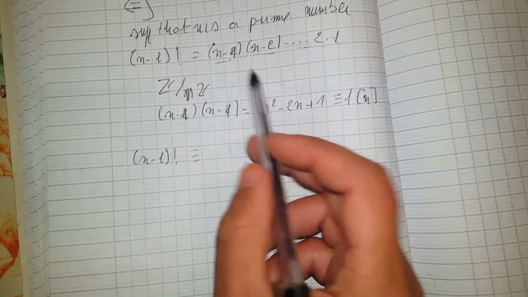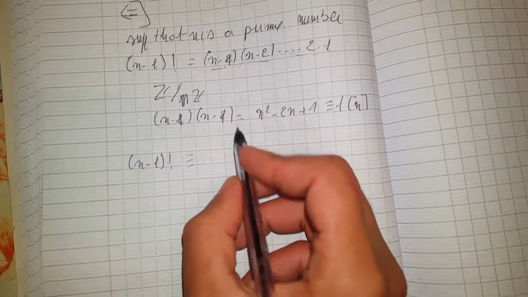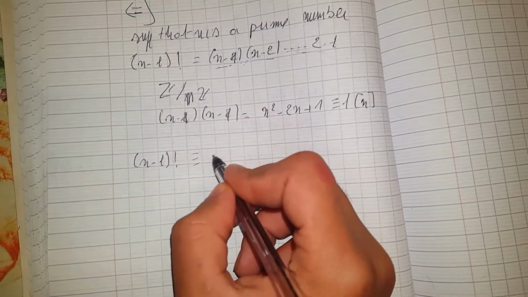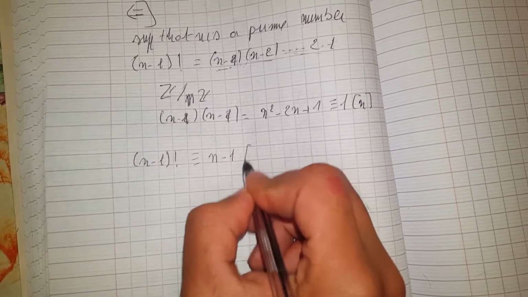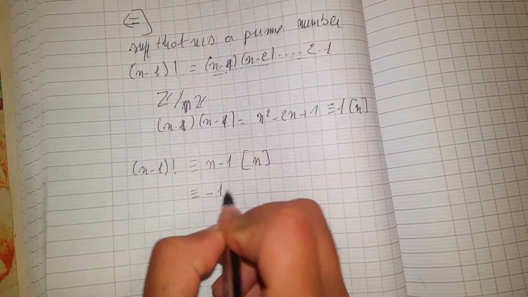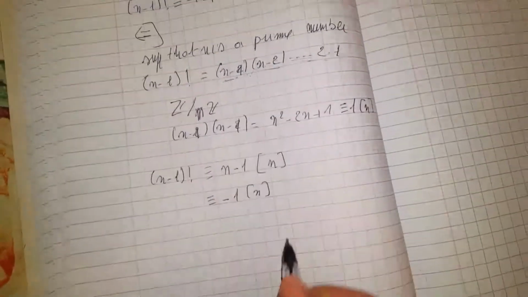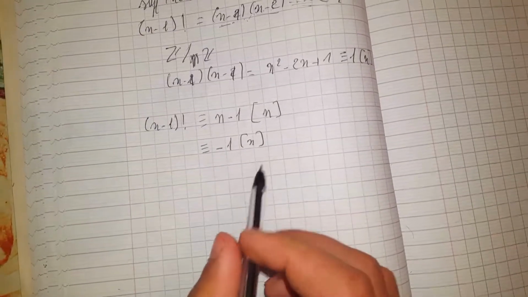And n minus 1 will not have another inverse, because n minus 1 is the inverse of itself. So the product is congruent to minus 1 mod n, and that's what we need to show.